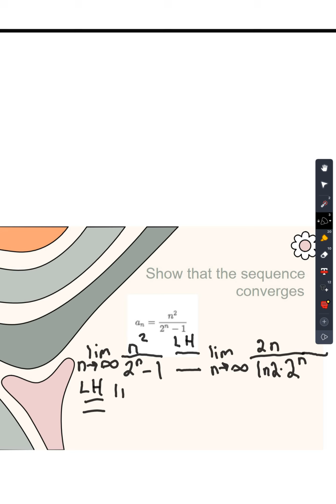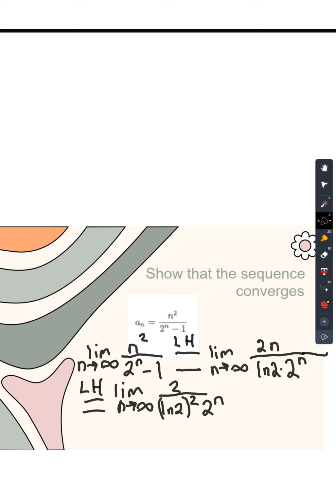This time, if I take the derivative of the top, I'm just going to get 2, and that's helpful. If I take the derivative of my 2 to the n again, I still get 2 to the n. Notice that I would have to multiply by another natural log of 2, and so I'm going to have natural log of 2 squared. Now I just have a constant on top, which is nice because I'm still getting that 2 to the infinity on bottom.